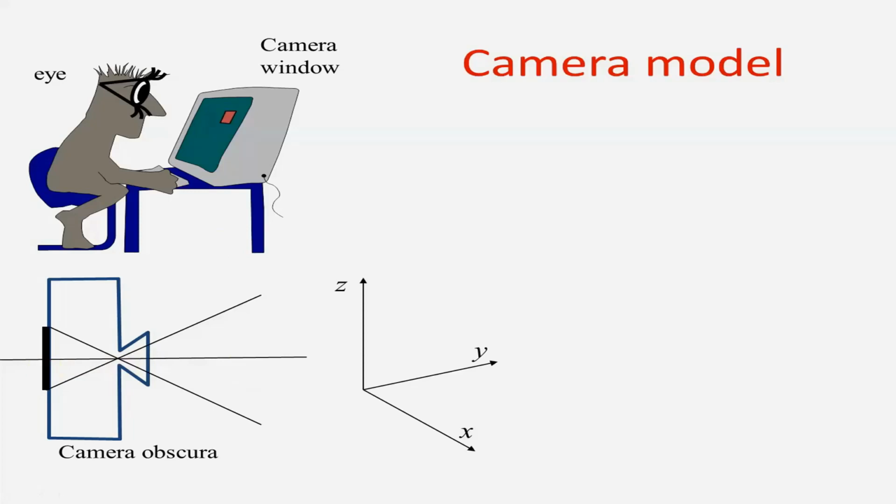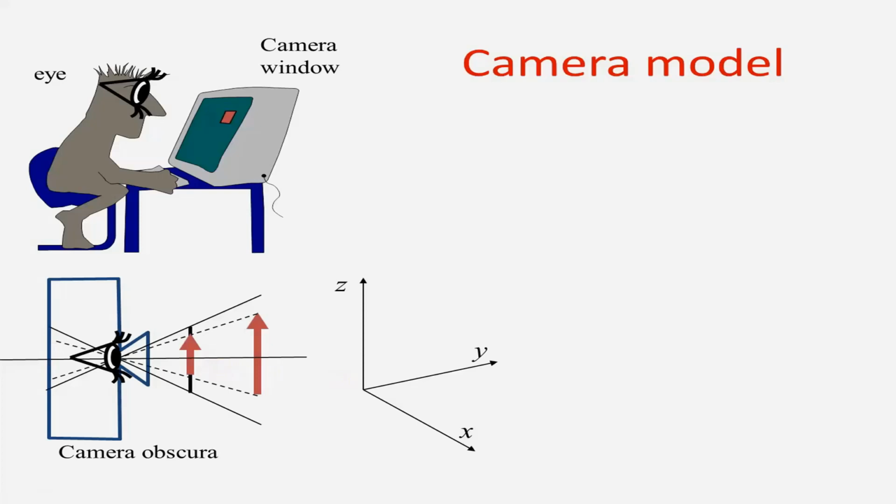In fact, this model is equivalent to the model of the user's eye and the screen, just the user's eye should be imagined in the lens position and the film mirrored onto the lens of the screen. So in both cases, we need to define a virtual eye position and a rectangle in 3D.